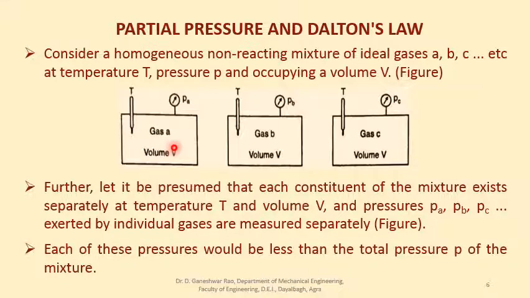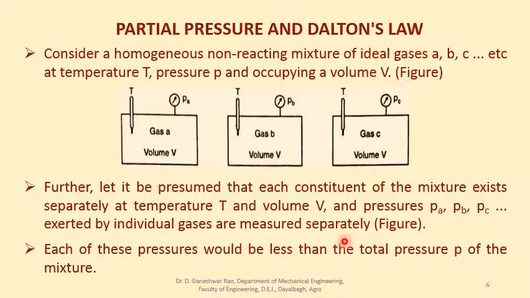So the same volume is filled with individual components one by one at the same temperature, then the corresponding pressures will be the pressures corresponding to that particular component. So let it be presumed that each constituent of the mixture exists separately at temperature T and volume V. Pressures PA, PB, PC exerted by individual gases are measured separately, right?